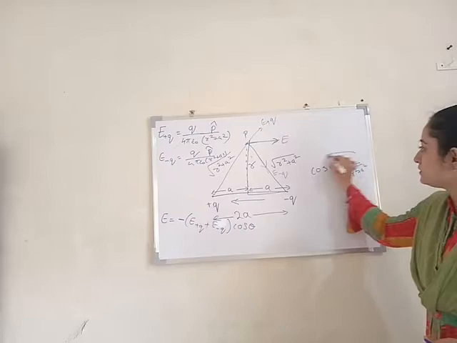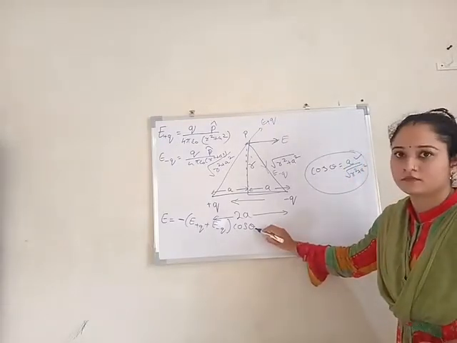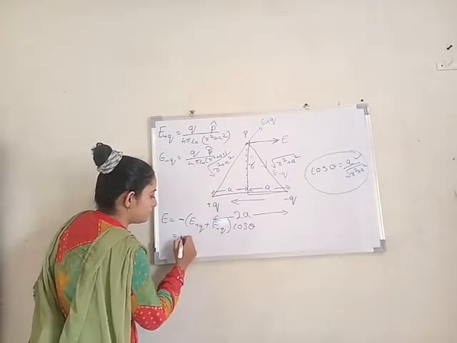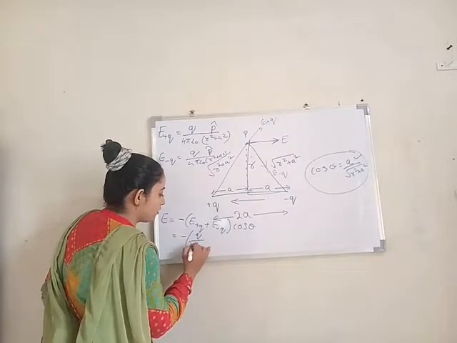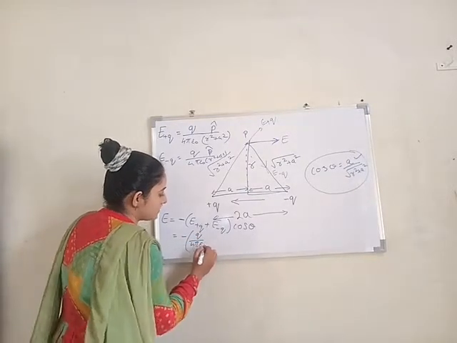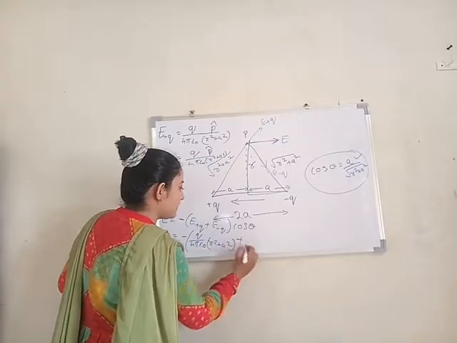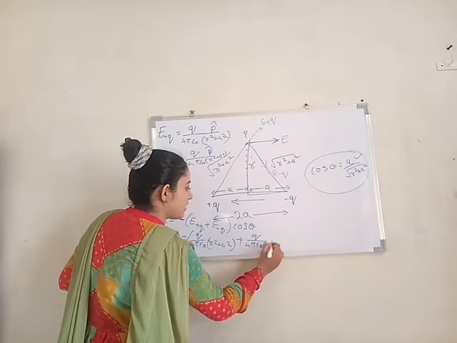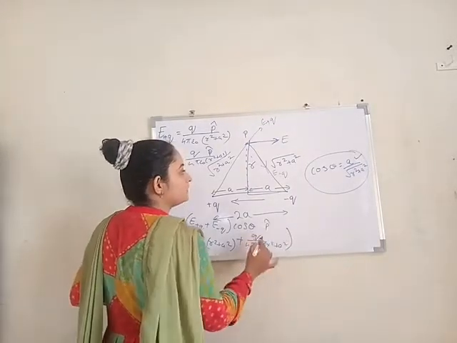We will substitute this value of cos theta here. So we will get minus q upon 4 pi epsilon 0 into r square plus a square plus q upon 4 pi epsilon 0 into r square plus a square, into the unit vector p.